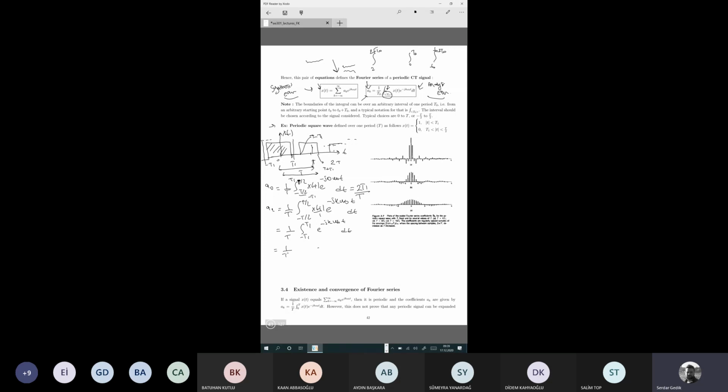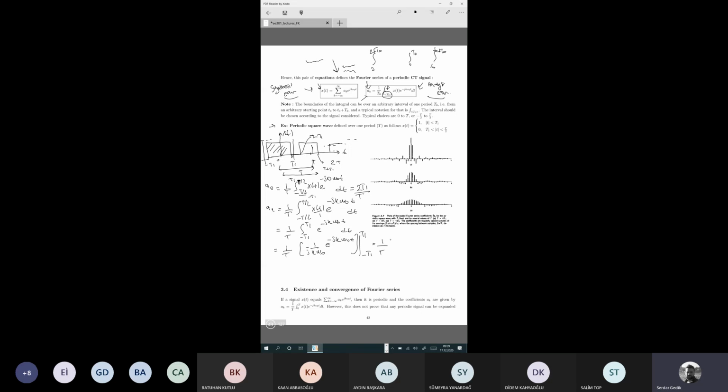Well, if you write, it is 1 over T, minus 1 over j k omega 0, e to the power minus j k omega 0 t, evaluated from minus t1 up to t1.